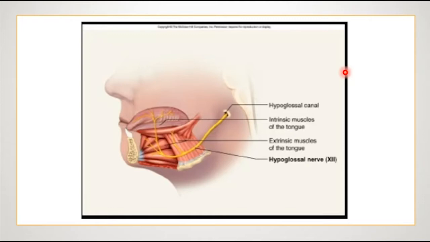But especially with bilateral lesions, you may get spasticity coming in, and that's where the tongue movements are slow. Or there may be apraxia, where there is a problem with motor commands.